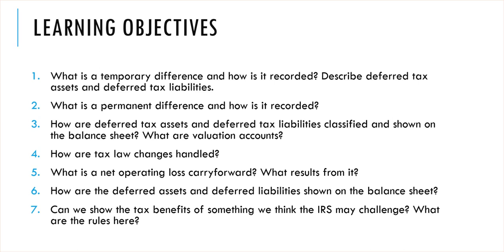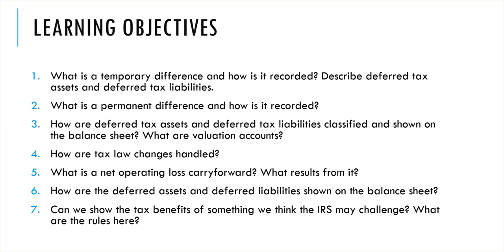There are possible ways that you can extend that payment, and you can do things to avoid having to pay it right away. But for our purposes, we are going to call it a current liability, and we're going to assume that you're going to be paying it within the next year.